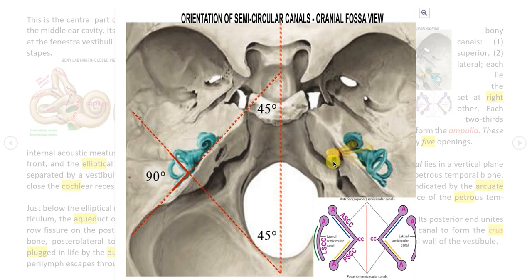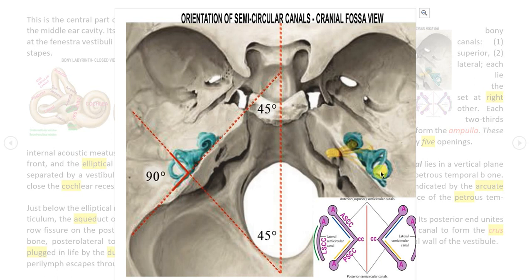So this yellow part represents vestibulocochlear nerve and facial nerve entering in this opening, that is called internal acoustic meatus. From here cochlear nerve separates and enters in cochlea. Vestibular nerve separates and it enters in vestibule and semicircular canals. Vestibular nerve will divide in 5 different divisions, we will see in membranous labyrinth.